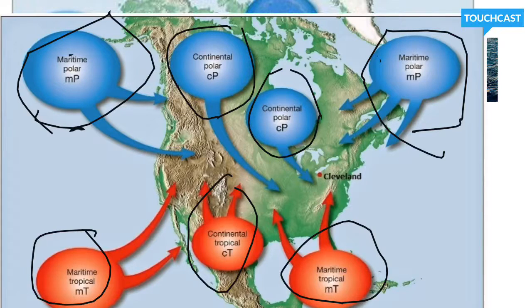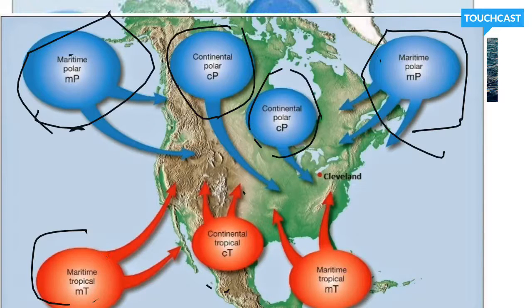So anything that starts on a continent is going to be continental, because it's going to be dry. Anything over the ocean is going to be maritime, because it's going to have a lot of moisture. Now the temperature: almost everything in the south of America is going to be tropical, because it's very warm air masses. Anything that starts from the north is going to be polar. And you just combine the two words to describe the moisture and the temperature of an air mass.